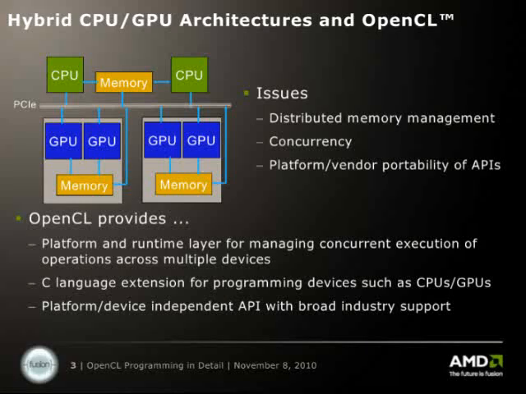OpenCL provides a platform and runtime layer for managing the concurrent execution of operations across multiple devices. It also provides a C language extension for programming the actual devices. So you'd use this to actually program operations on the GPU. And perhaps most importantly, this API is a platform and device independent API with broad industry support. So right now there are several SDKs that provide OpenCL implementations for various devices.